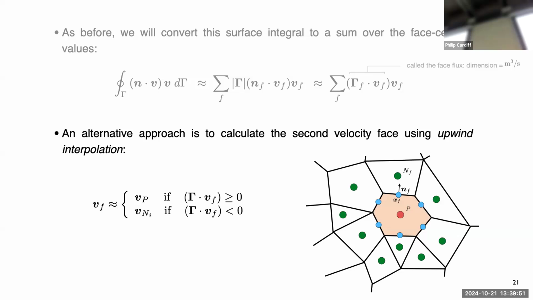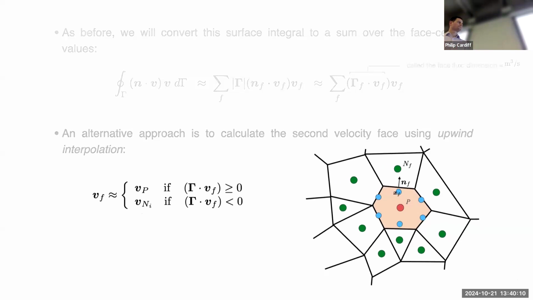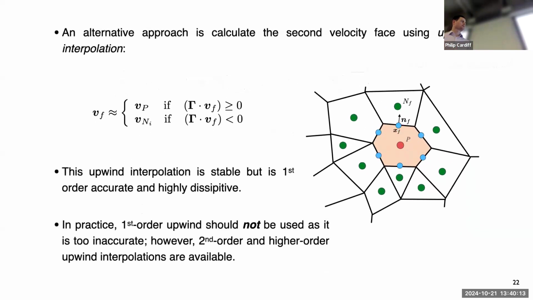The advantage of the upwind method is that it's very stable. You will not get any of these oscillations in your grid. It tends to stabilize everything. It physically makes sense as well: if something's flowing from this side to this side, then this side probably carries more information to that face. That's the kind of reasoning. So upwind interpolation is stable, but it's first order accurate and highly dissipative.